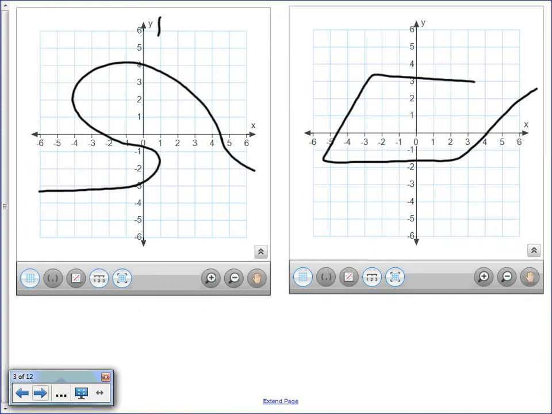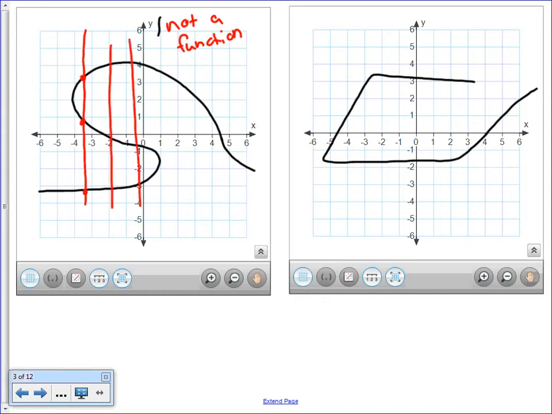The next ones here are actually non-examples of functions, so these are not functions. And you notice that for the first graph here, this vertical line goes through a point here, here, and here, so this one is not a function. And there's actually multiple lines where that happens.